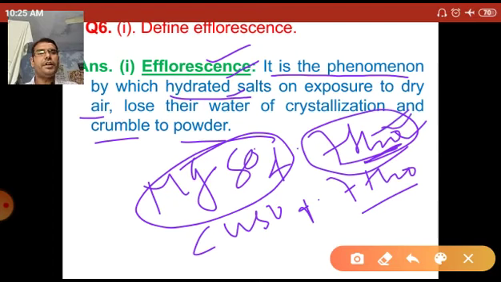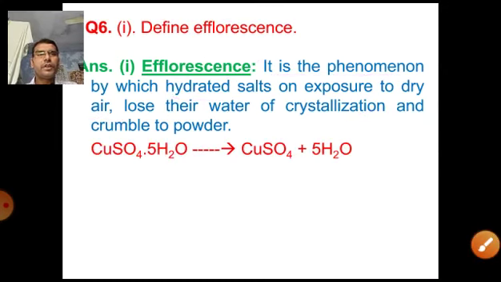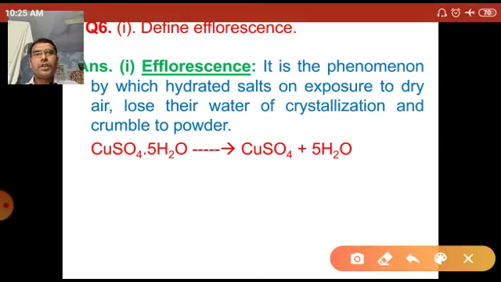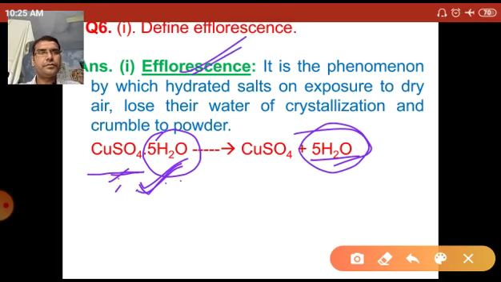For example, copper sulfate pentahydrate, CuSO4.5H2O: the 5 molecules of H2O are present in the copper sulfate in the form of a crystal. When this hydrated salt is exposed to dry air, it loses its 5 water molecules, and that phenomenon is called efflorescence.